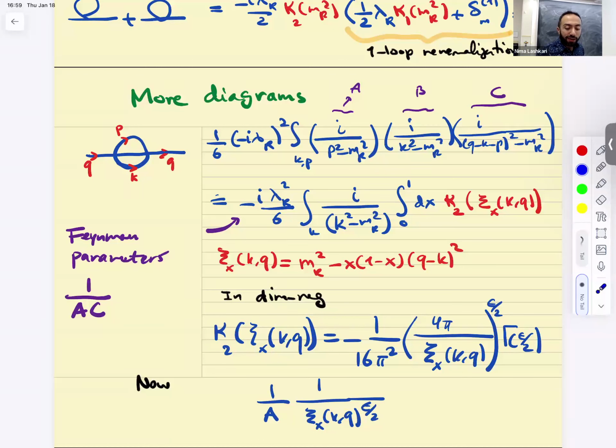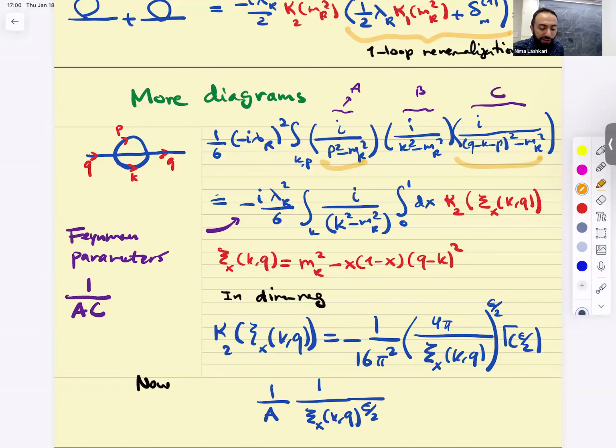All right. So the first thing that you notice is that you could do the integral over P. Let's focus on the integral over P first, right? Why do I do it this way? Because the goal that I have is to write the two-loop answer as something whose coefficient is the one-loop one. So I'm going to do one of the integrals first, the one over P. The P-dependent terms are A and C, right?